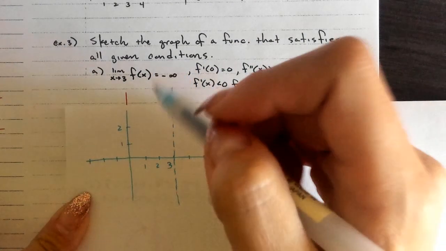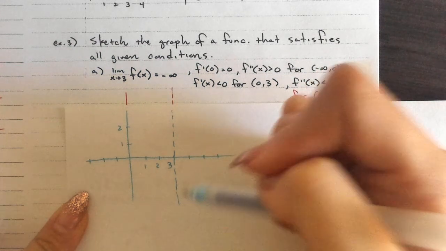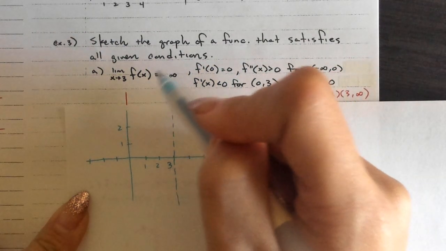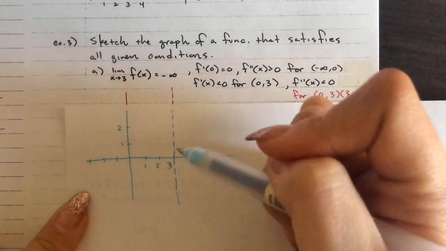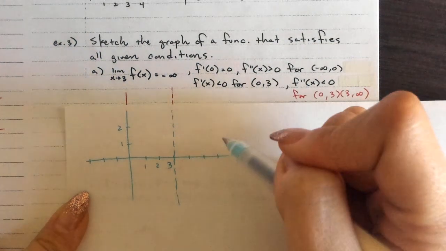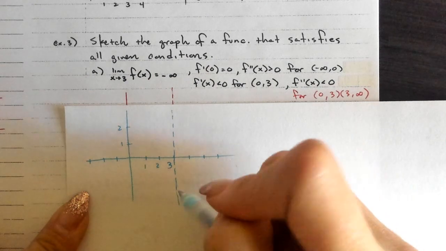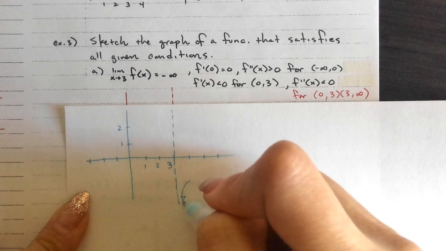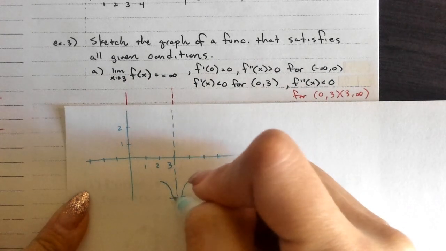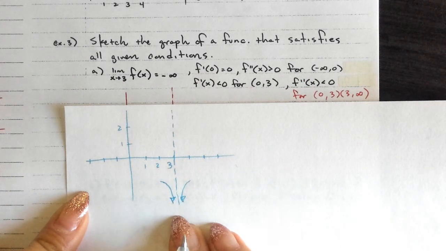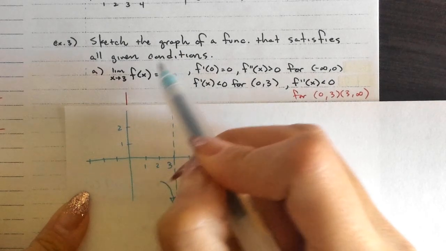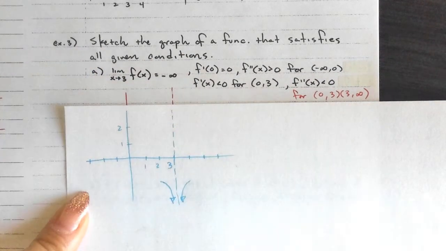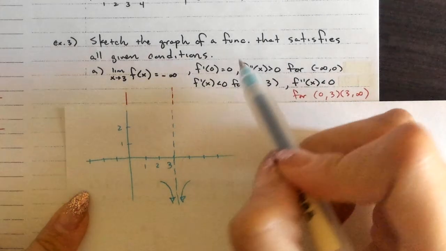At 3, I know that there's a vertical asymptote, because without a vertical asymptote, how would I have a negative infinity? That means the left side and the right side, I should be doing this in pencil, are going like this and going like this. I'm using a pencil because I'm just sketching and then I have to make it pretty after. So I know it's something like that. I would cross that off with my pencil. I'm done with you.